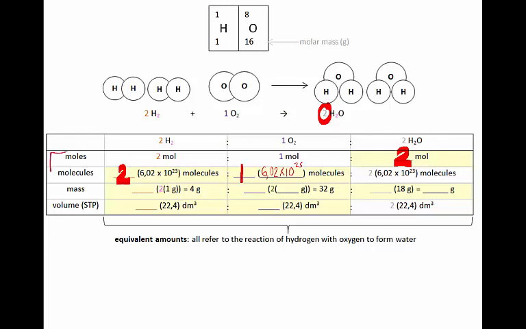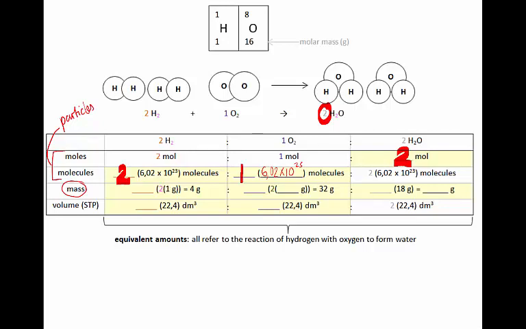So moles and molecule ratio are the same thing, but that doesn't mean 2 grams of hydrogen reacts with 1 gram of oxygen to form 2 grams of water. No, no, no. A mass reacting ratio is quite a different thing to a particle. These are particles, and they have the same reacting ratios as one another. But mass reacting ratio is quite different.